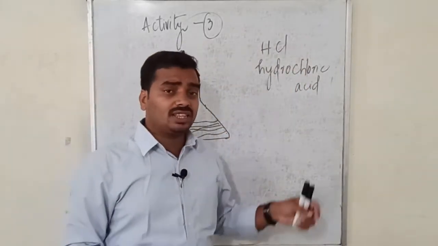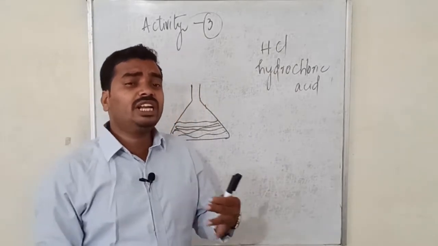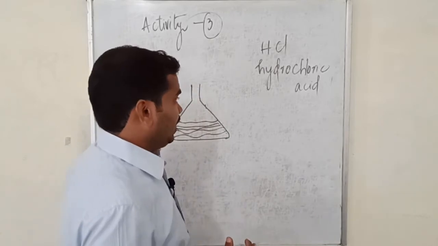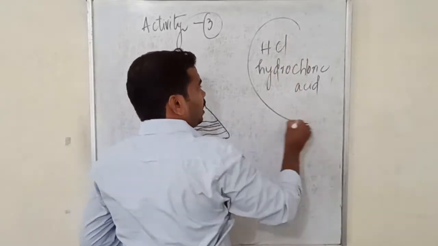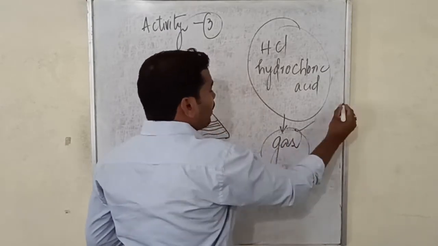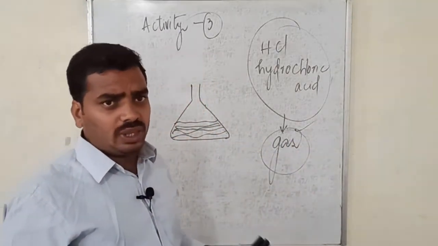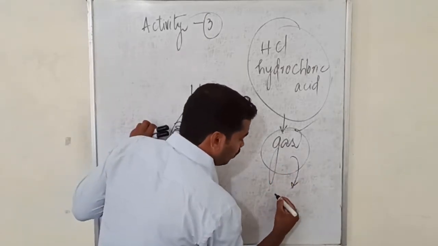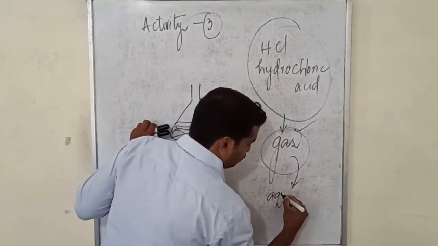But it must not be that much concentrated. It must be diluted with the help of some water. And actually hydrogen chloride's original state is gas, but in order to make it react with the other compounds, we will get this gas into the aqueous state.